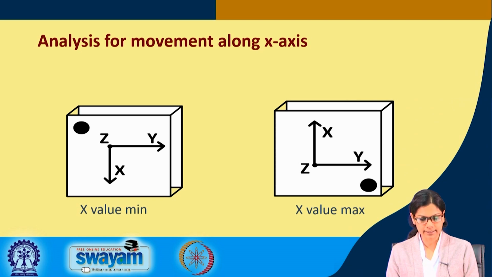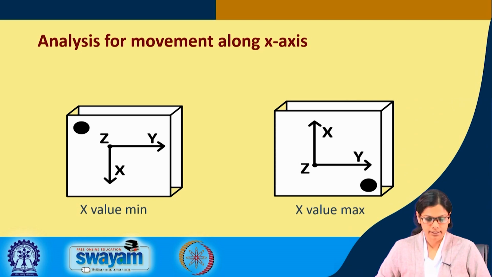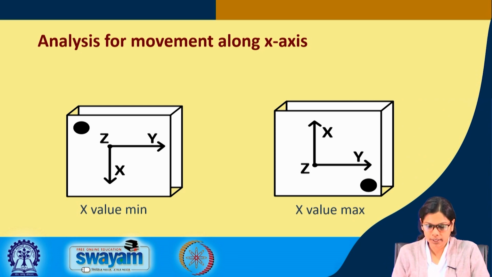And then let us understand the analysis for the movement along the x axis. When you hold the accelerometer, you will find that it has certain axes. One is along x, another is y and this one is z.